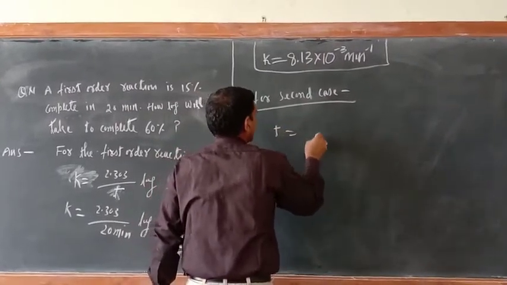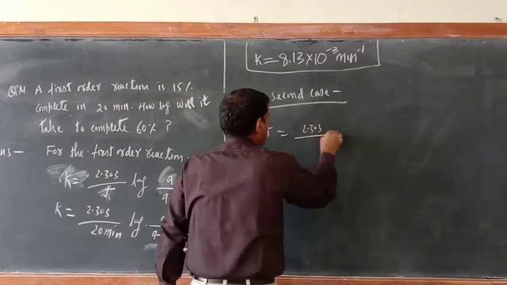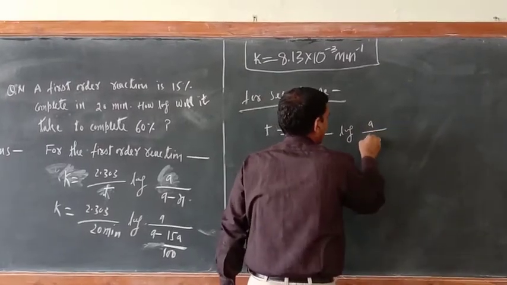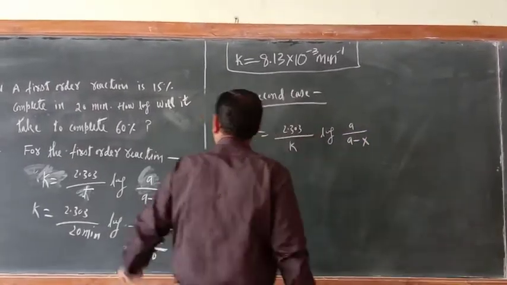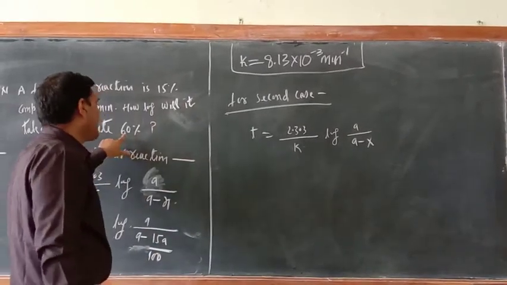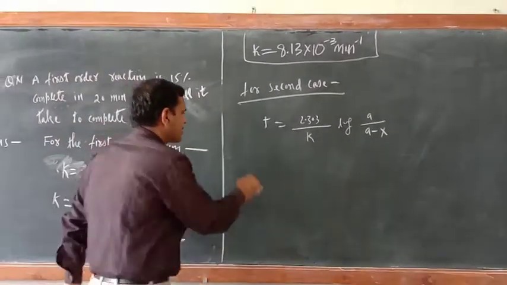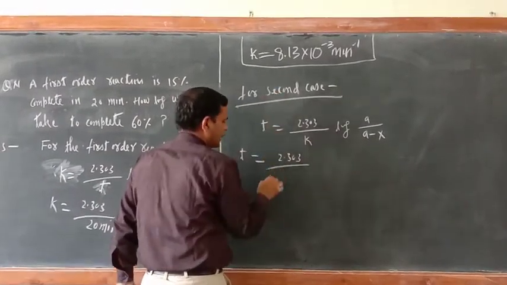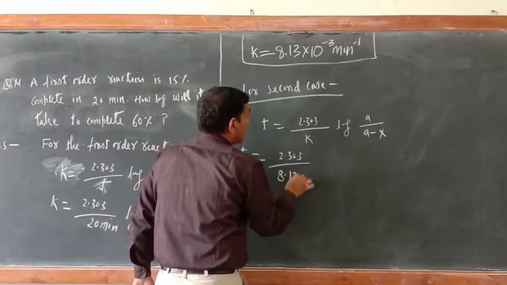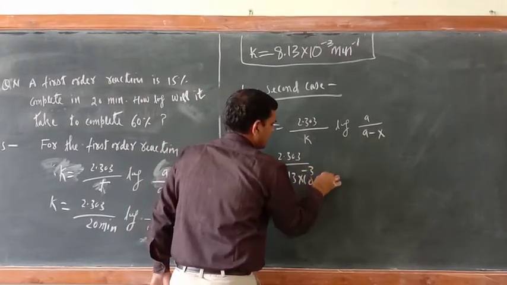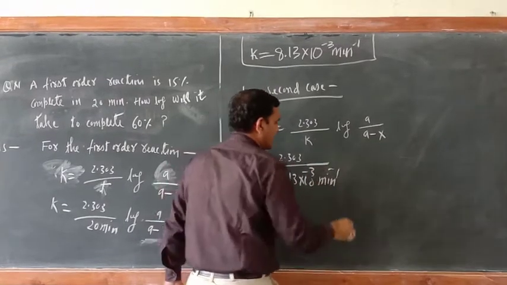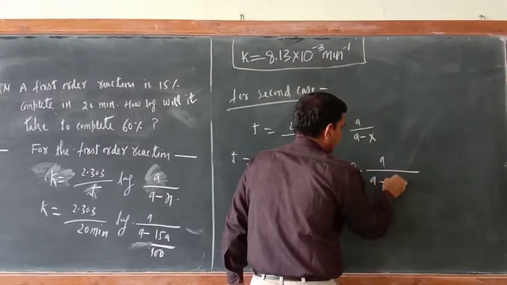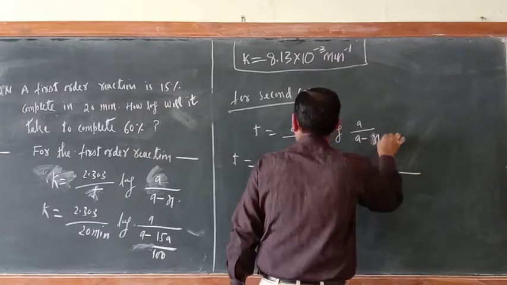So t equal to, first order reaction only, 2.303 by k, here log a, and here a minus x. Now here x is not a, x is 60%. So t equal to 2.303, k value put here, 8.13 into 10 raised to the power minus 3 minute inverse. And here log a, here a minus x, where x is 60%.